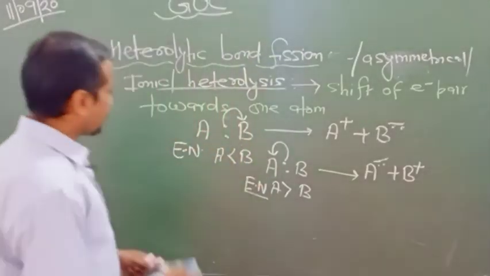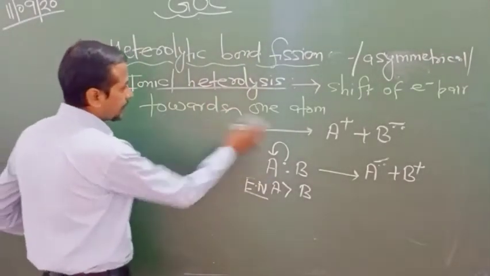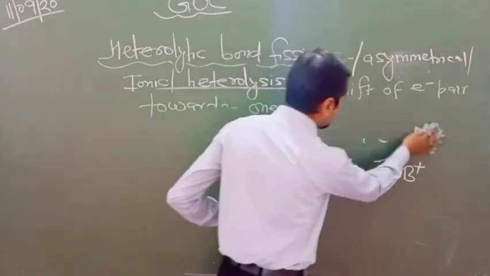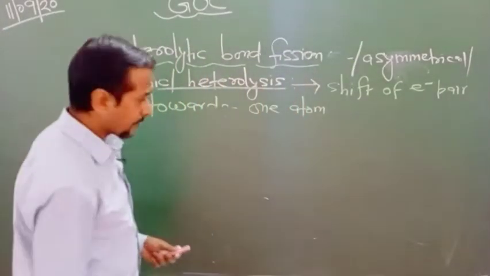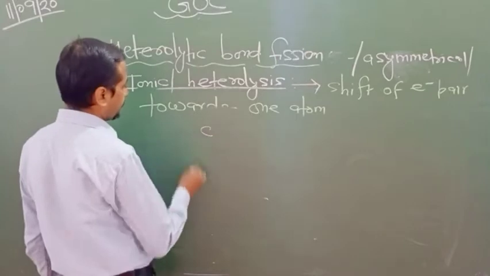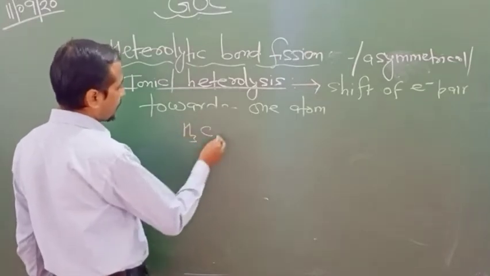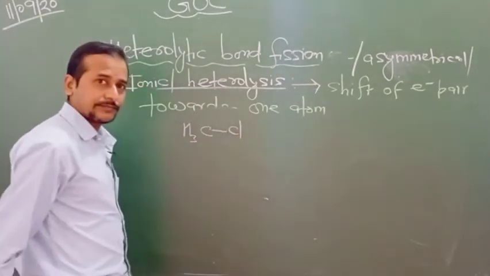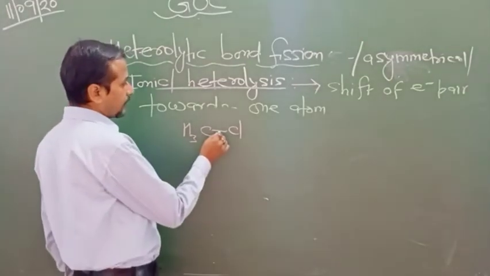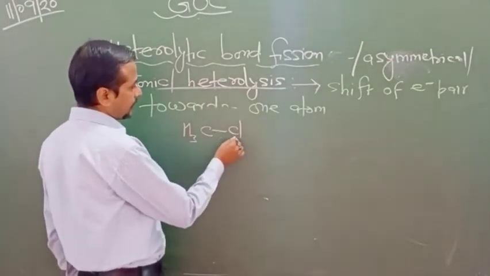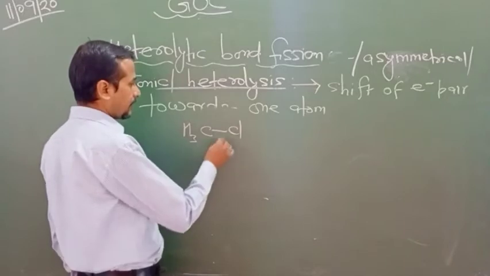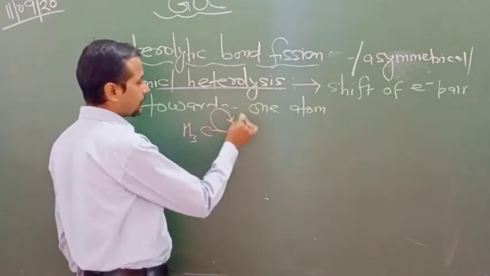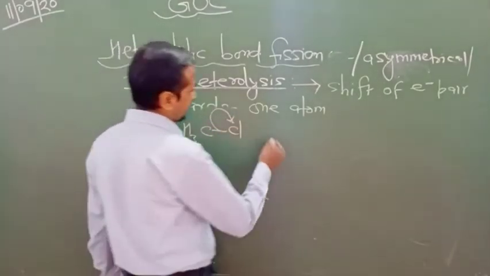Now, one more example you can take in terms of carbon. If we take the example of methyl chloride, look here, this one bond is formed by 2 electrons. Now Cl is more electronegative than carbon, so all the bond electrons shift towards Cl.